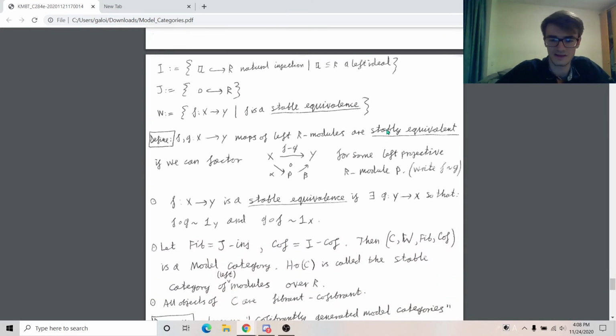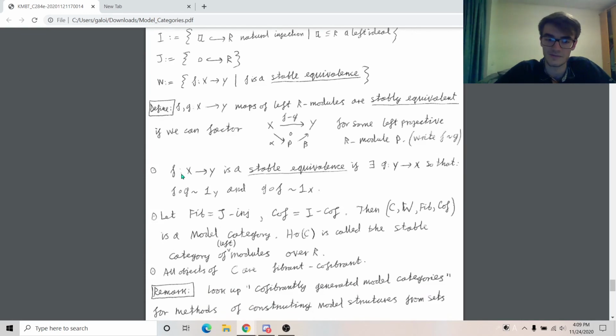Two maps F and G between left R modules are stably equivalent if you can factor their difference through a left projective R module. And the notion of stable equivalence is built in the same way as a homotopy equivalence is built out of a homotopy between maps. So F from X to Y is a stable equivalence if there's a map G from Y to X so that the compositions FG and GF are stably equivalent to the identity.